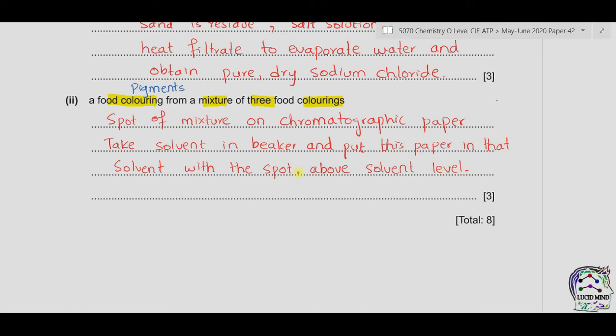This is because if the spot is below the solvent level, it will directly dissolve in the solvent, which is not required. We have to separate the spot, so therefore it should be above solvent level.